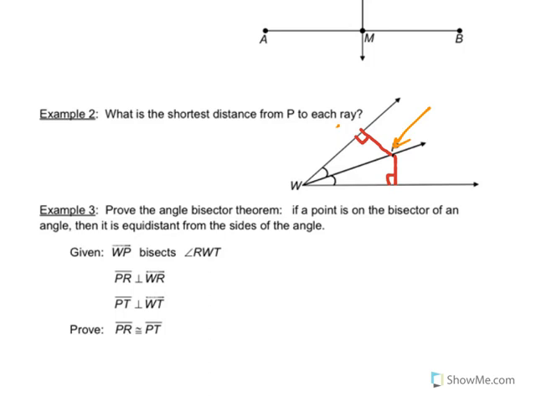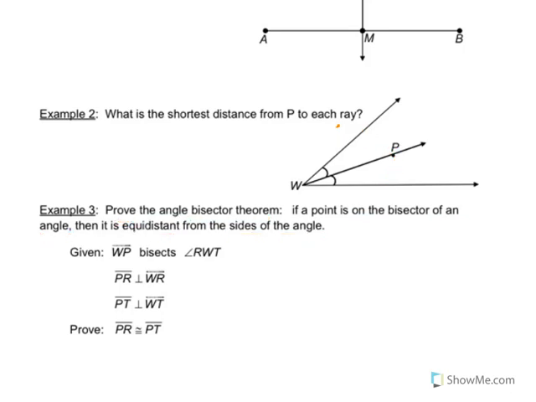So, having said that, we're going to look at example 3, and we want to prove the angle bisector theorem, and that theorem states, if a point is on the bisector of an angle, then it is equidistant from the sides of the angle. Okay, so we're going to prove that, and let's talk about what our strategy is going to be. So I'm going to erase this, and let's look at our givens.